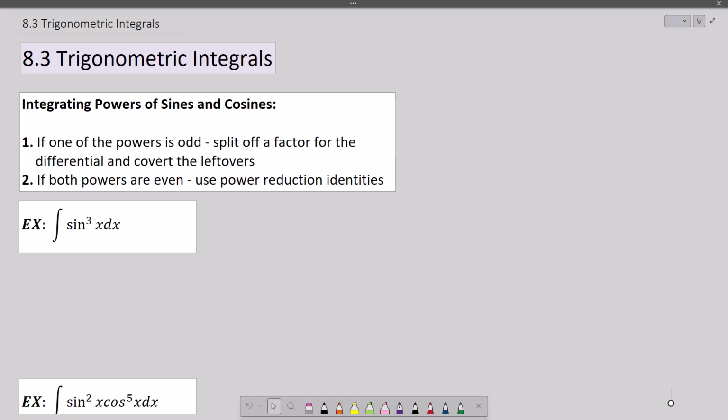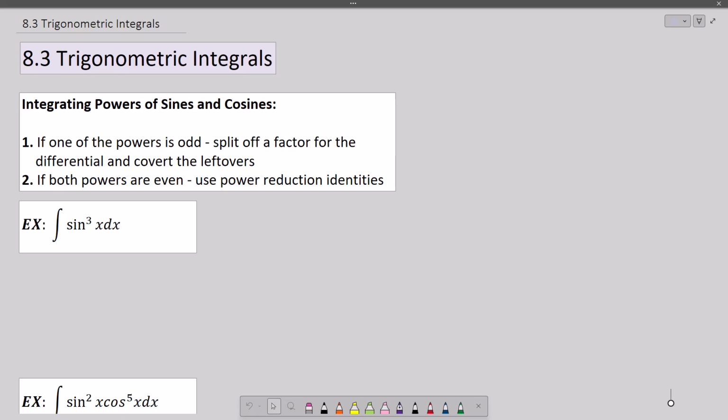Integrating, it sounds more complicated than it is, integrating powers of sines and cosines, but hopefully we'll see that it's not that complicated. So we have 2 rules. If one of the powers is odd, so we're dealing with just sines and cosines with integer powers.